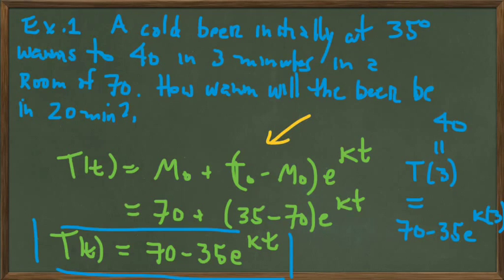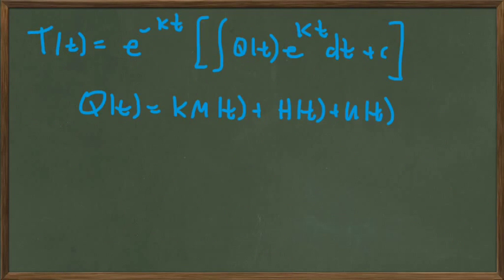Now let's take a look at the other case when the temperature outside is not constant. So here is our model. In this case, we're going to assume that the outside temperature m of t is not constant.